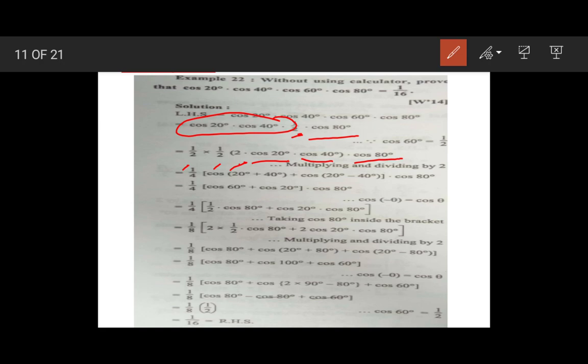Okay, now this is 2 cos A cos B, right? So 2 cos A cos B formula, that is equal to this. 1 upon 2 into 1 upon 2 will be 1 upon 4, right?